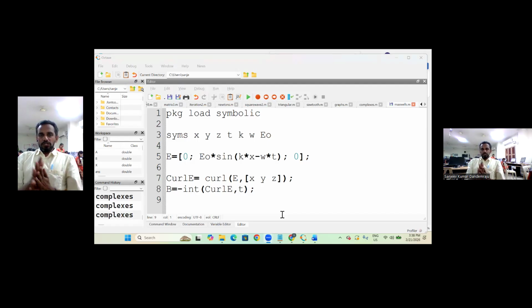So curl E is curl of E with respect to variables x, y, z.